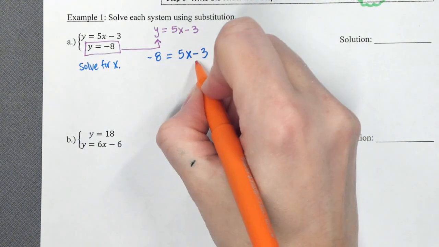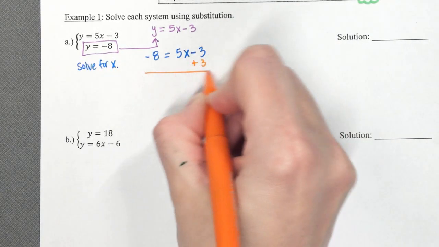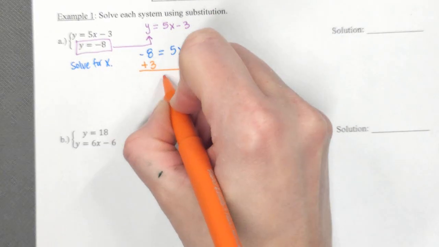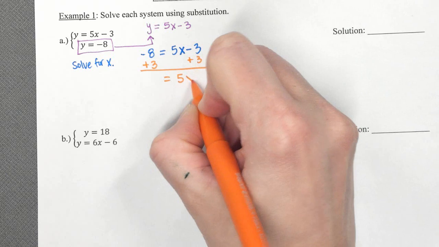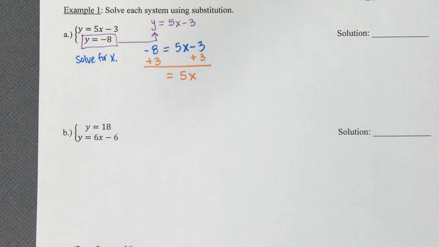Anything that's added or subtracted is going to go first. And when you do that one on your calculator, don't forget to type in the negative. I don't want you to make those small mistakes.